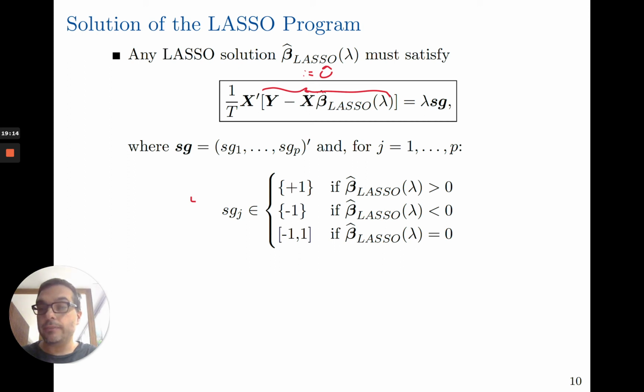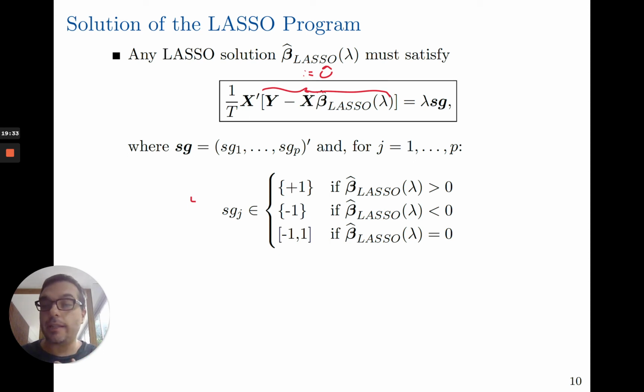With the lasso, things turn out to be a little bit more complicated because of the penalty term. The penalty term is an absolute value. And how do we take the derivatives of an absolute value function?